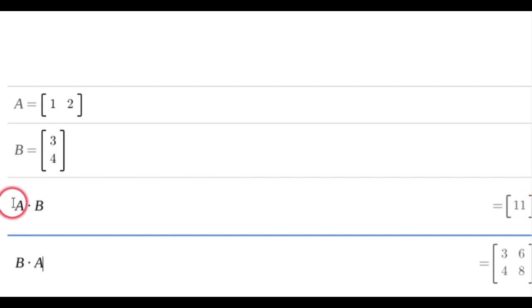These are tensors of rank 1, so we're taking a tensor of rank 1 and reducing it in rank to tensor rank 0, which is a scalar. Now, if I do B dot A, this is considered the outer product. So I'm taking a tensor of rank 1 and converting it to a tensor of rank 2.